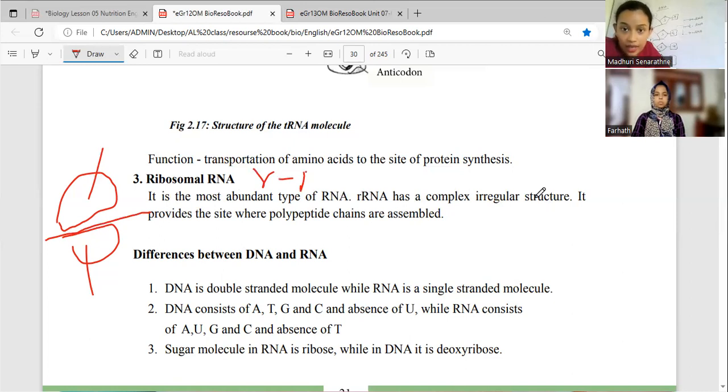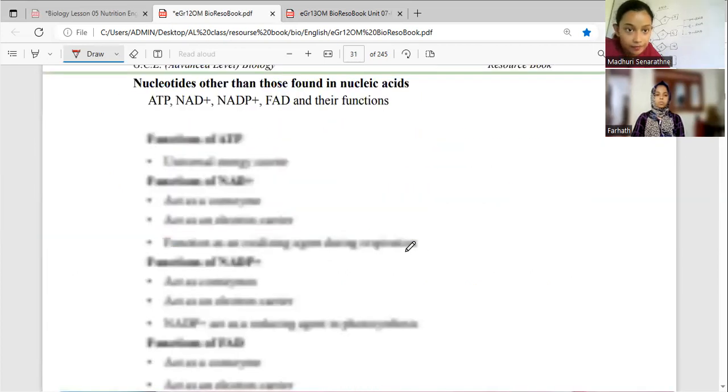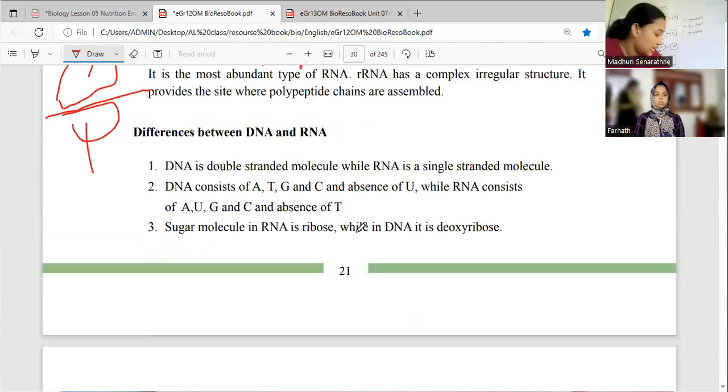And rRNA has a complex irregular structure. It provides the site where polypeptide chains are assembled. Polypeptide chains means proteins. Proteins are synthesized. We can end this part. Therefore, please focus on this too.